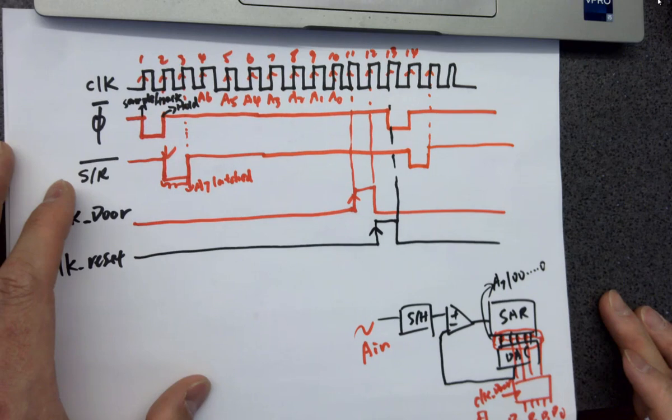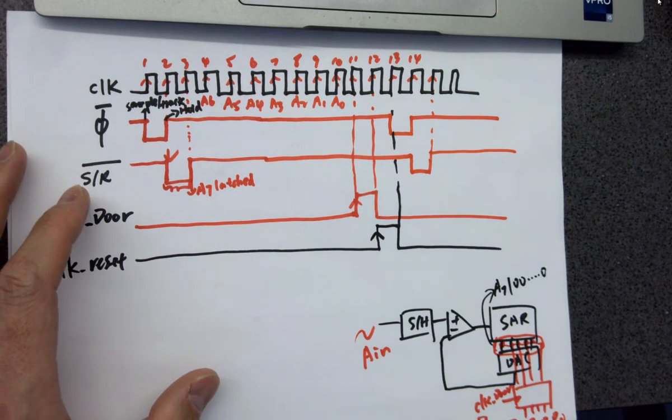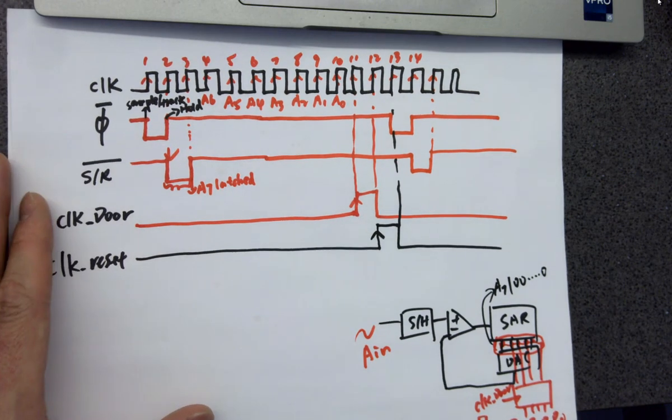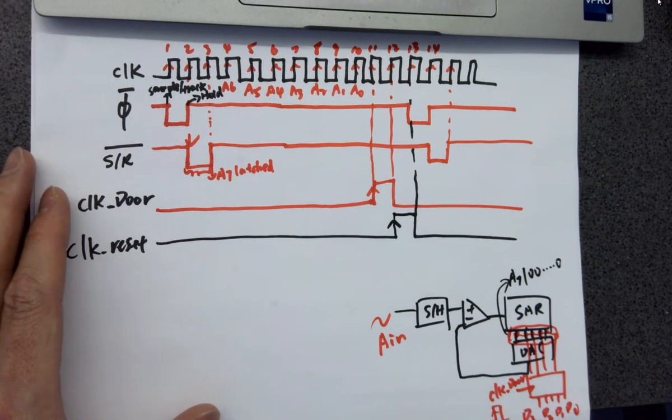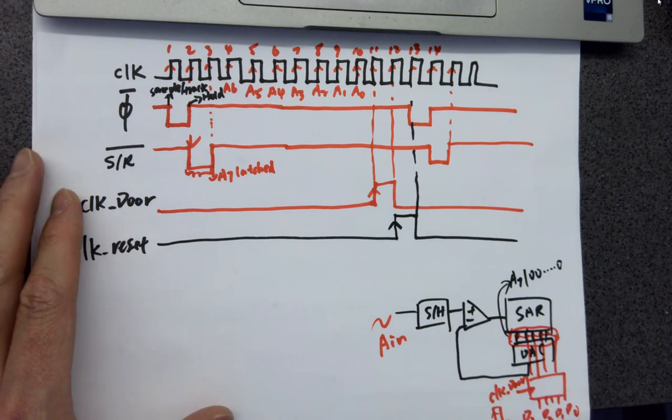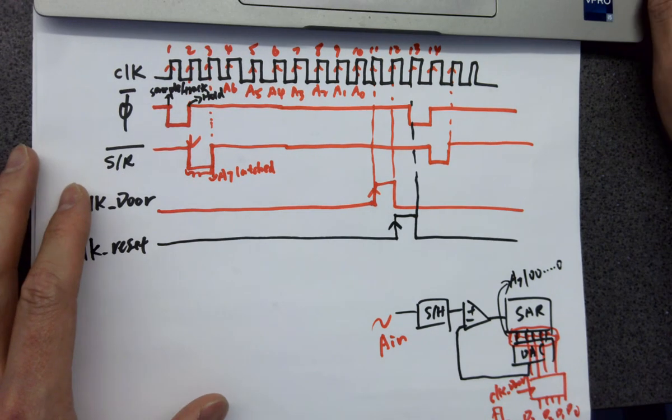Start another cycle. Makes sense? What is a counter?